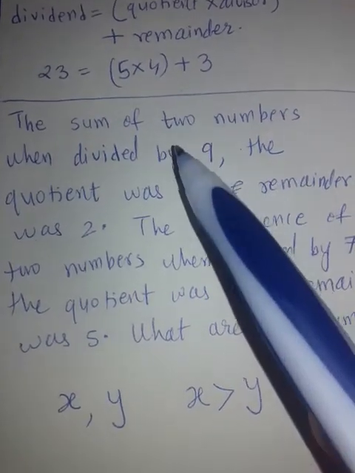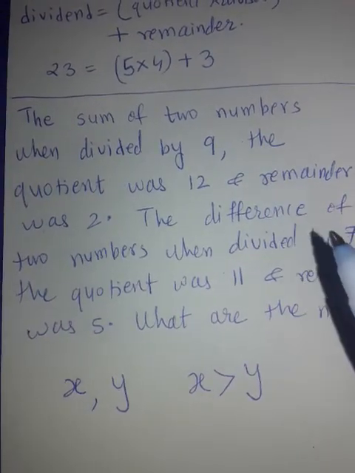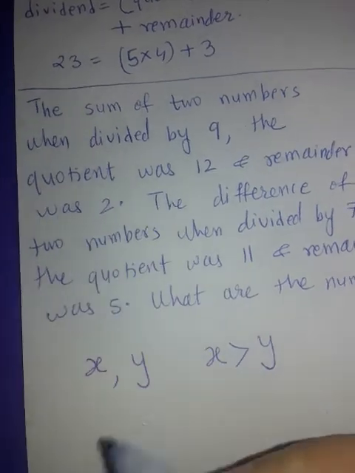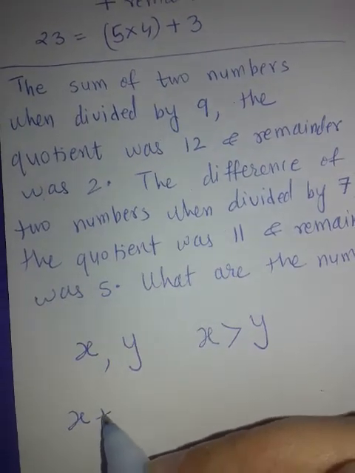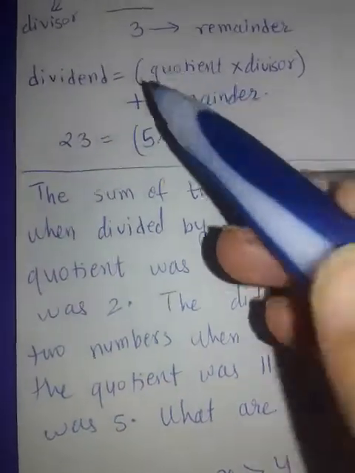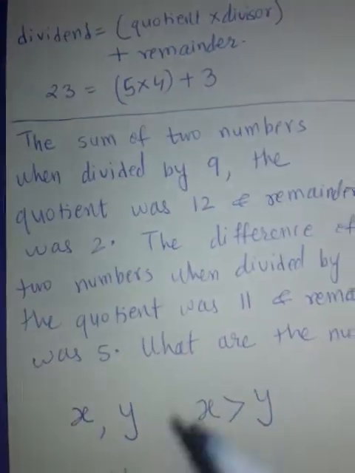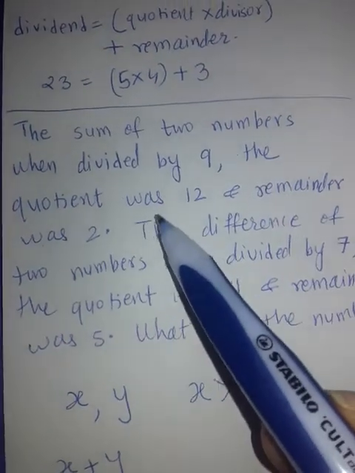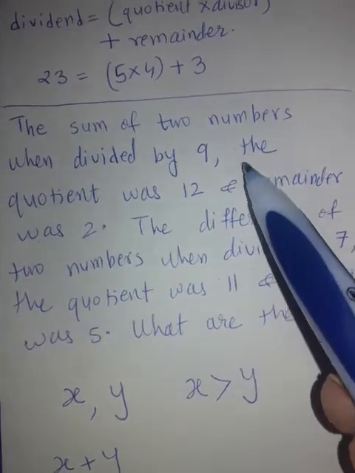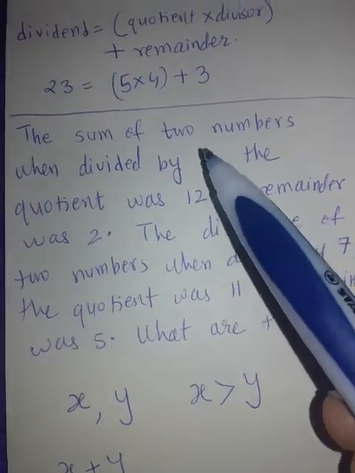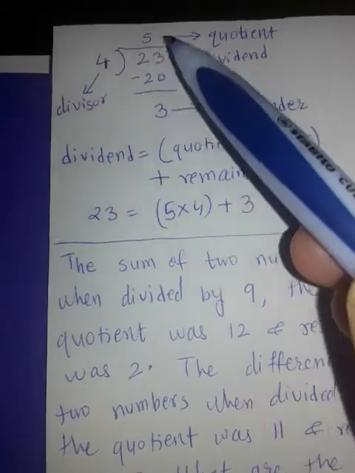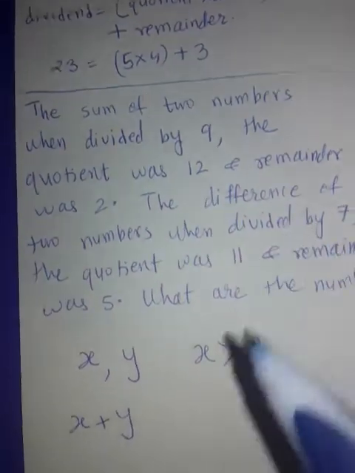Now they are saying sum of two numbers when divided by 9. So x plus y is divided. Correct? So x plus y becomes dividend. It is divided. Then what happens? Quotient is 12. So when divided by 9, divisor becomes 9 and quotient becomes 12.